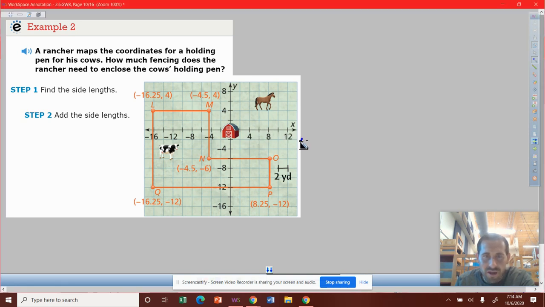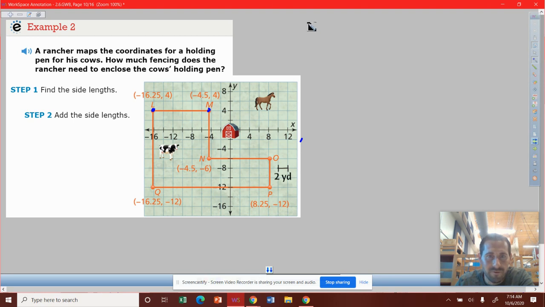So what does every box count as? 2. Okay, so we've got to find our distance from L to M. Then we'll go M to N, N to O, and so on. So we have 1, 2, 3, 4, 5, 6 sides to work on, so we're going to be jotting each of these combinations down.